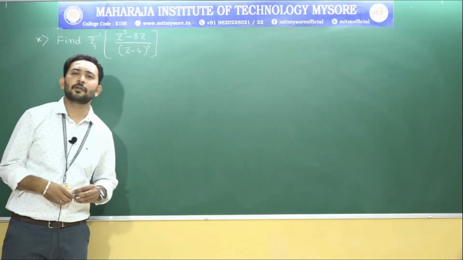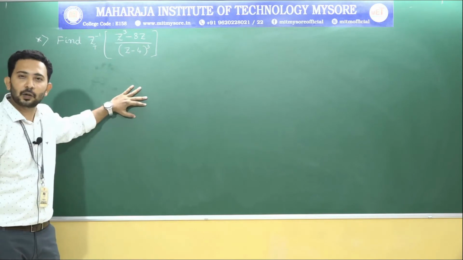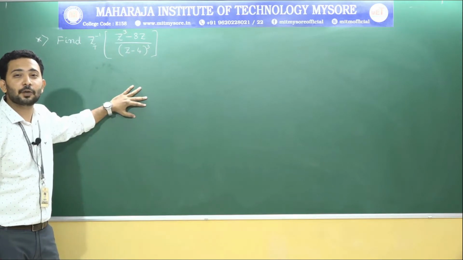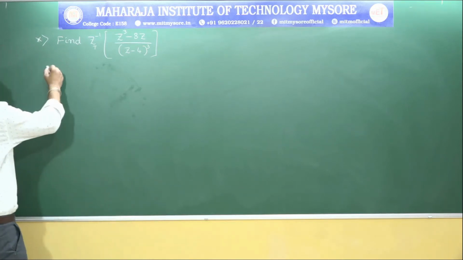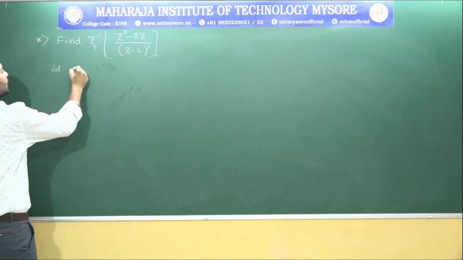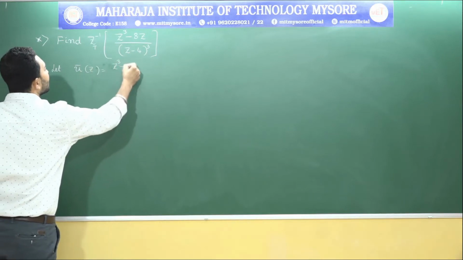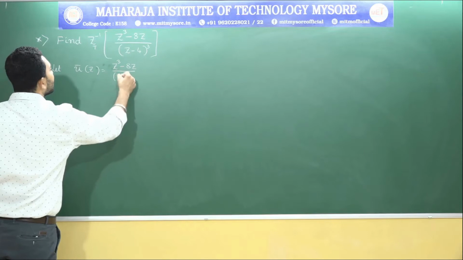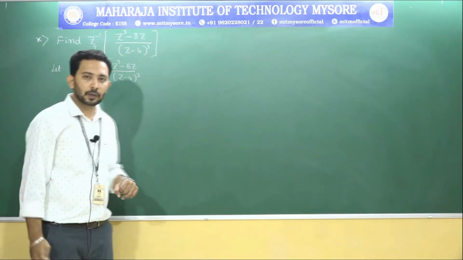So next problem, find z inverse of z cube minus 8z divided by z minus 4 whole cube. Let us take this as u bar z equals z cube minus 8z divided by z minus 4 whole cube.